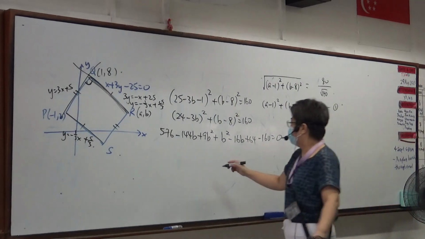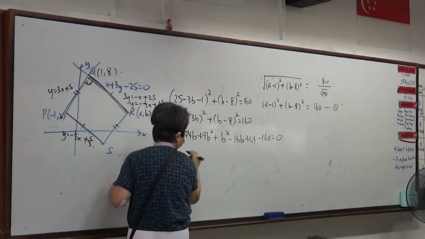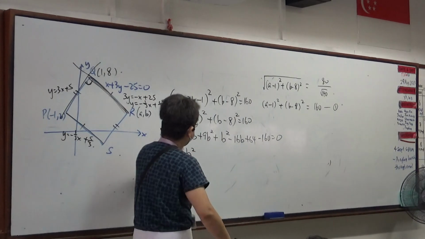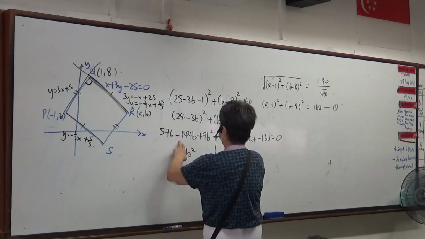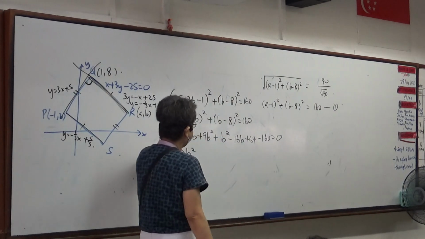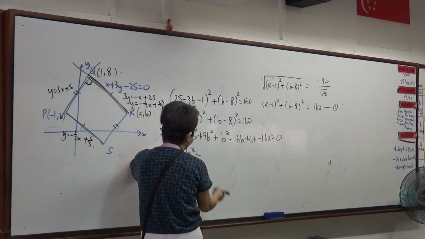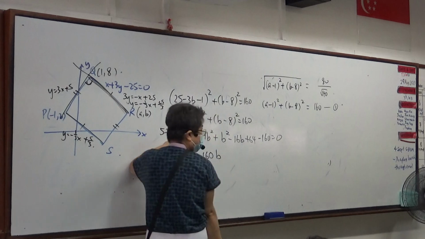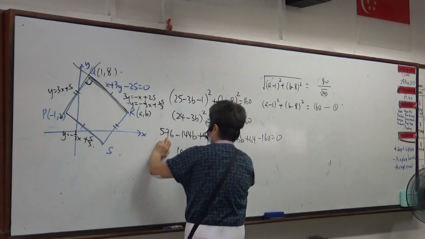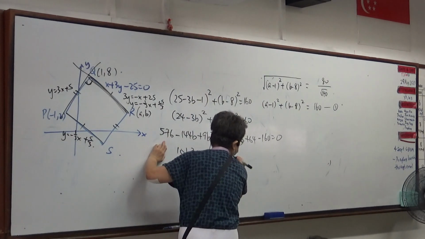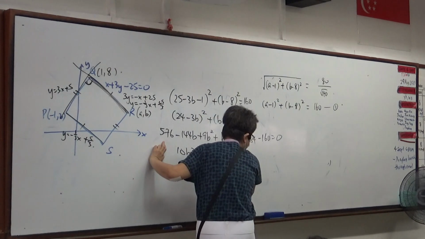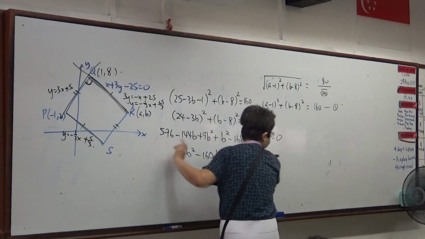Okay? Now, what do I get here? 10b squared. What is here? Negative 144, negative 16, negative 160b, right? What about here? Plus 477.